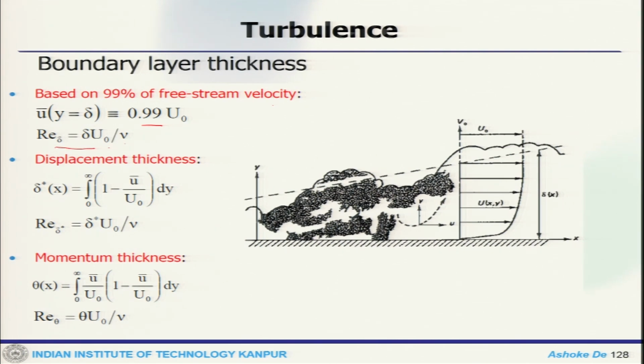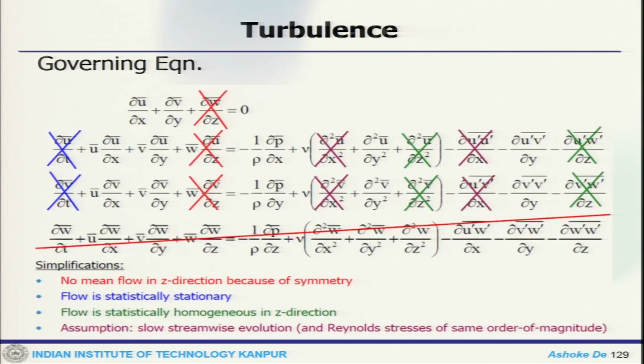Similarly, one can find out the displacement thickness, which is the integral of 1 minus u by u naught dy, and Re delta star, and also the momentum thickness theta, which is the integral of u by u naught times 1 minus u by u naught dy, and Re theta. So, these are the momentum thickness, displacement thickness and free stream velocity. These are very standard and one can define those.